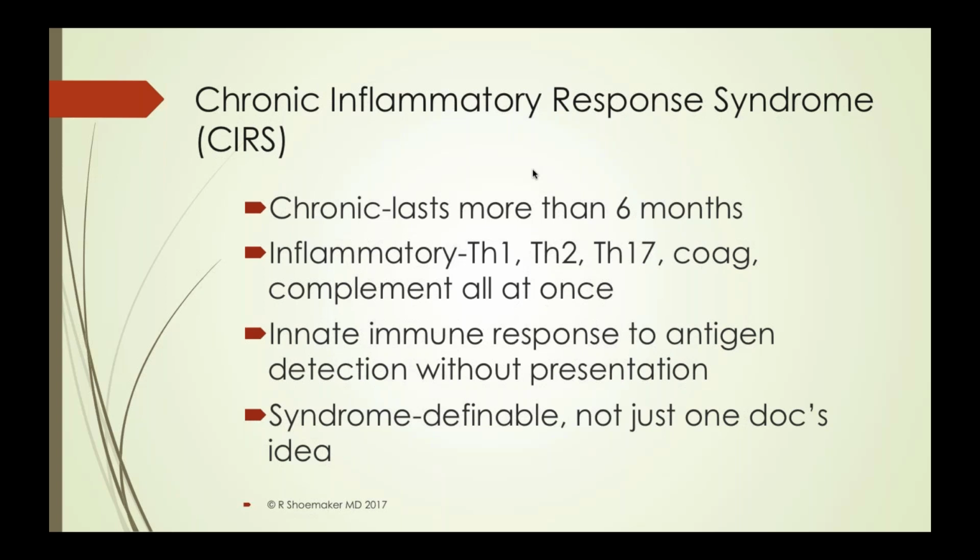The defect that occurs, the reason why individuals have such a problem with this sort of inflammation, is because of an inherited polymorphism on chromosome 6 that has to do with alleles that control the efficiency of antigen presentation.